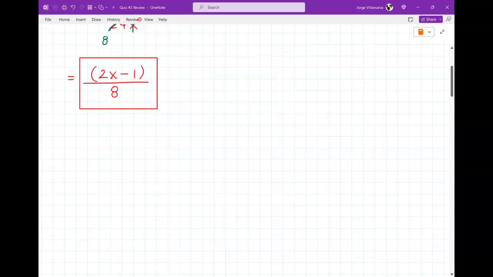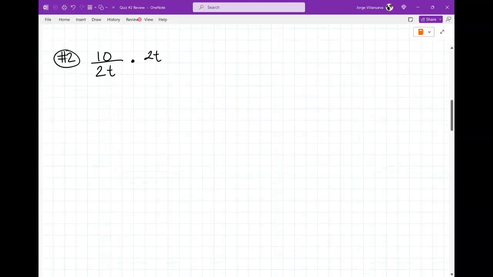All right, so here's the second one. So we're kind of doing easy, medium, difficult, just because there's a sprinkling of everything on the quiz. Now for this problem right here, a lot of people, what they want to do is they see the 10 over 2t and they're like, oh, 10 over 2, I can reduce that, right?